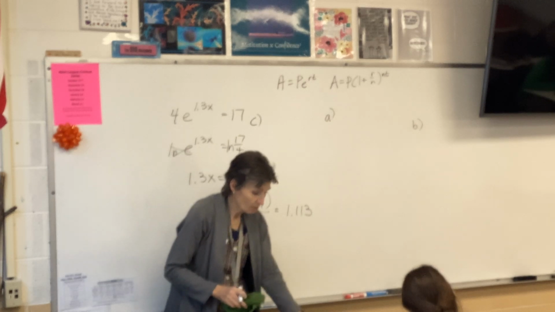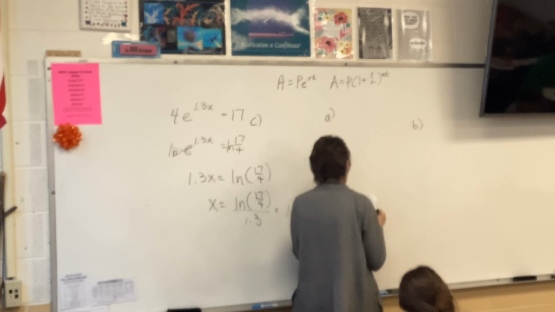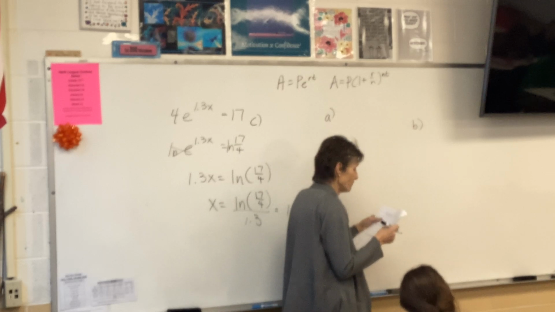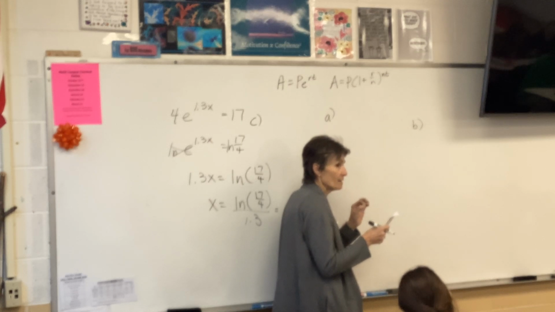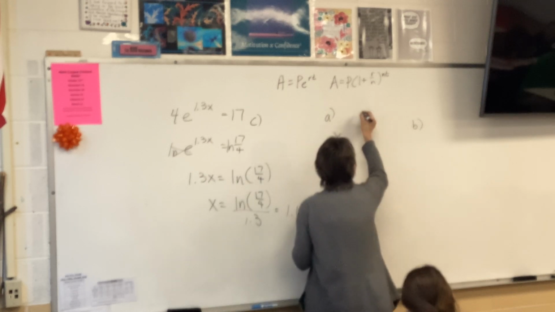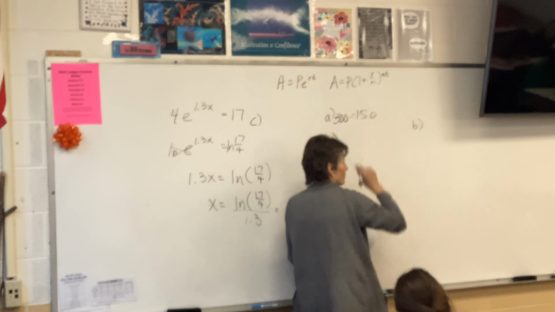Okay, then let's start plugging numbers into A. How long will it take an investment of 150 to double? Wait a minute, what does that tell me? I'm starting with 150 and then times it by 2, ending with 300.